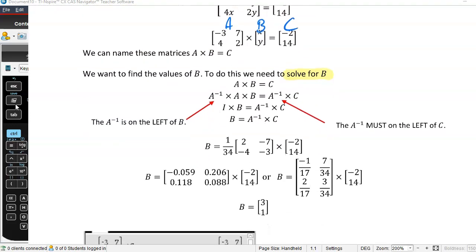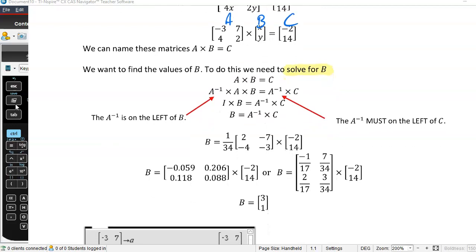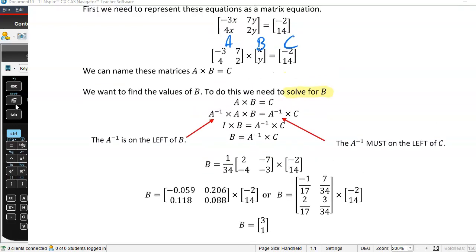So that I can start to solve, can't I? Because it's B equal to this. All right. So what do I need to do? I need to find the inverse of A. So that was A, and I found A inverse here. And C was that there.